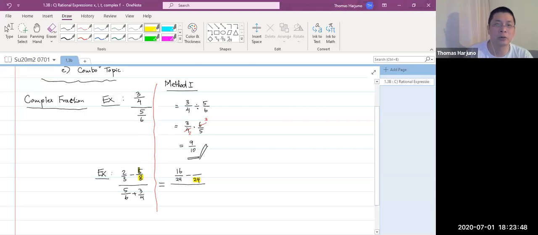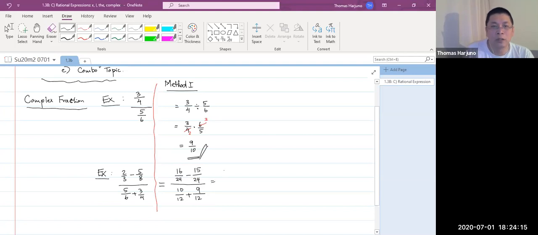Times 3. So the numerator also multiplied by 3. That would be 15. The denominator now has LCD 12. With the same procedure, we get this is 10 and this is 9.